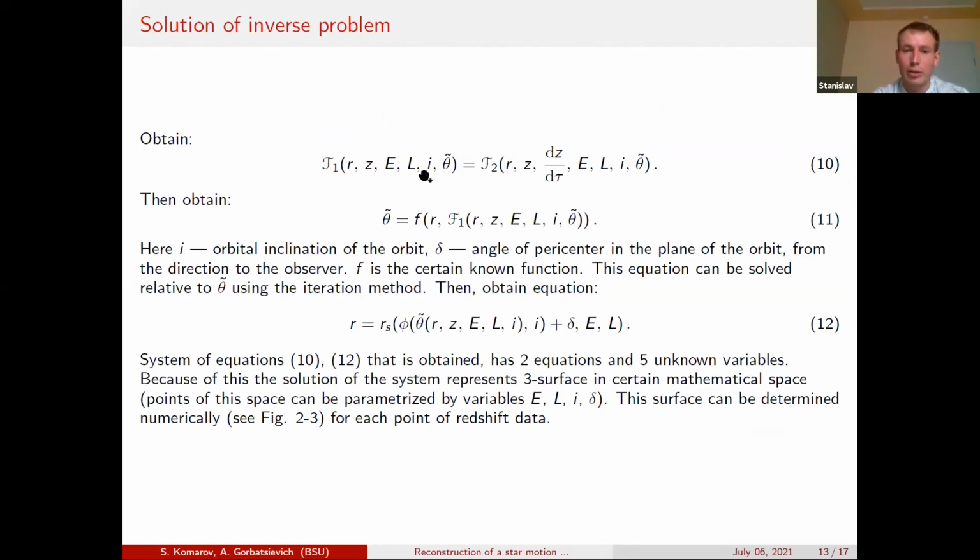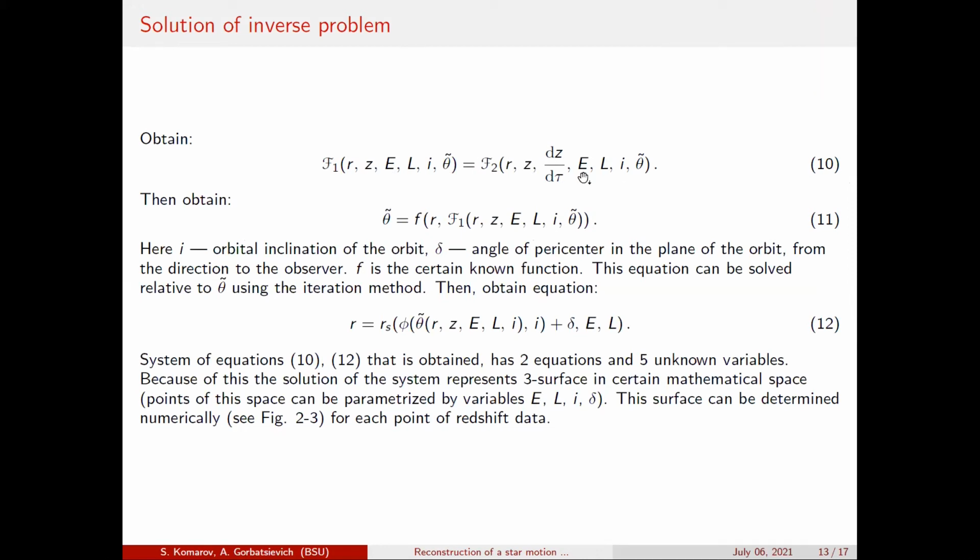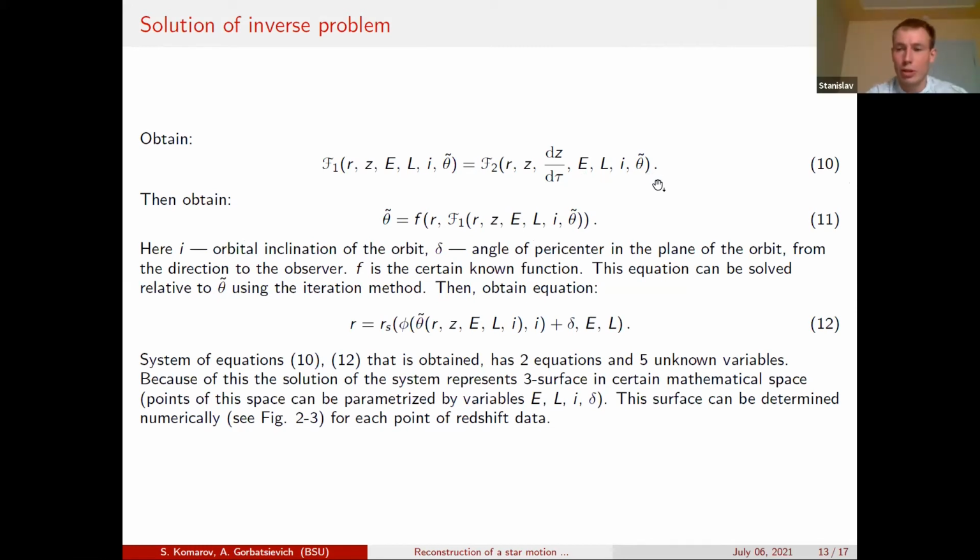We now obtain the following equation, which contains functions of only the parameters of motion, the radial coordinate, and the angle on the isotropic geodesic. And after certain manipulations, we can derive the following formulas.